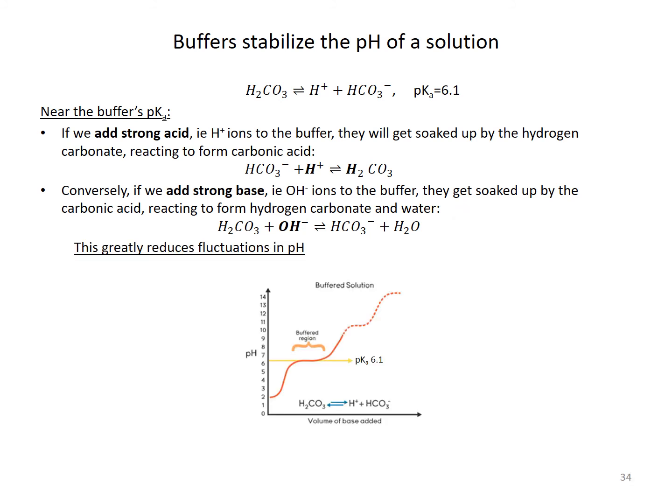So within a specific range of acid and base added to this system, you are going to get an almost fixed value of pH. This region of fixed pH is known as the buffered region. A buffer could work as long as you have a reversible reaction producing a weak acid and its conjugate base, and it works simply according to Le Chatelier's principle.